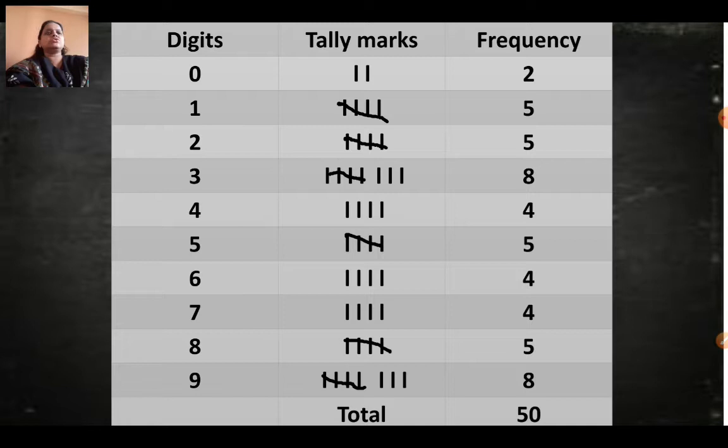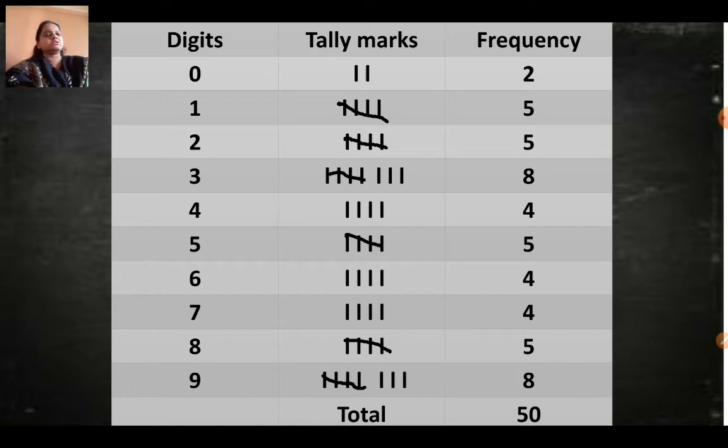0 is occurring 2 times, 1 is 5 times, 2 is 5 times, number 3 occurs 8 times, 4 is 4 times, 5 is 5 times, 6 is 4 times, 7 is 4 times, 8 is 5 times, and the digit 9 is occurring in the decimal places 8 times.